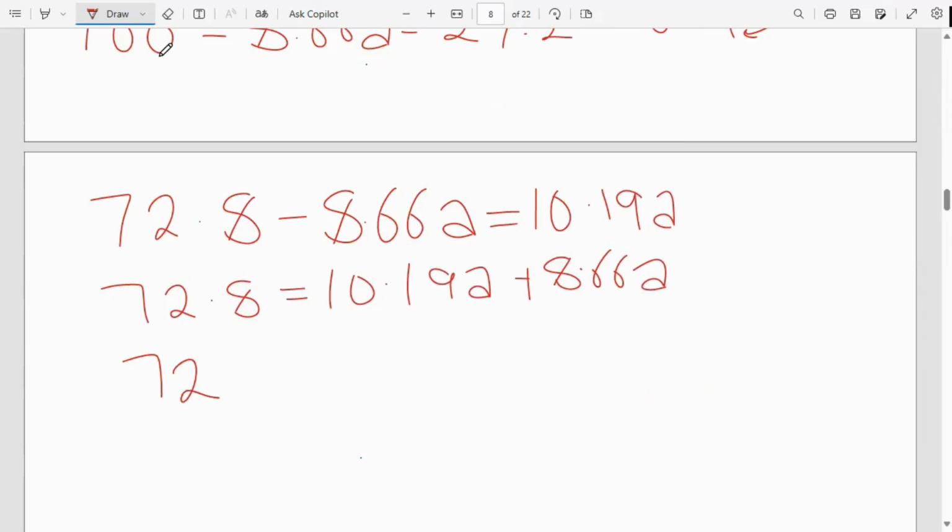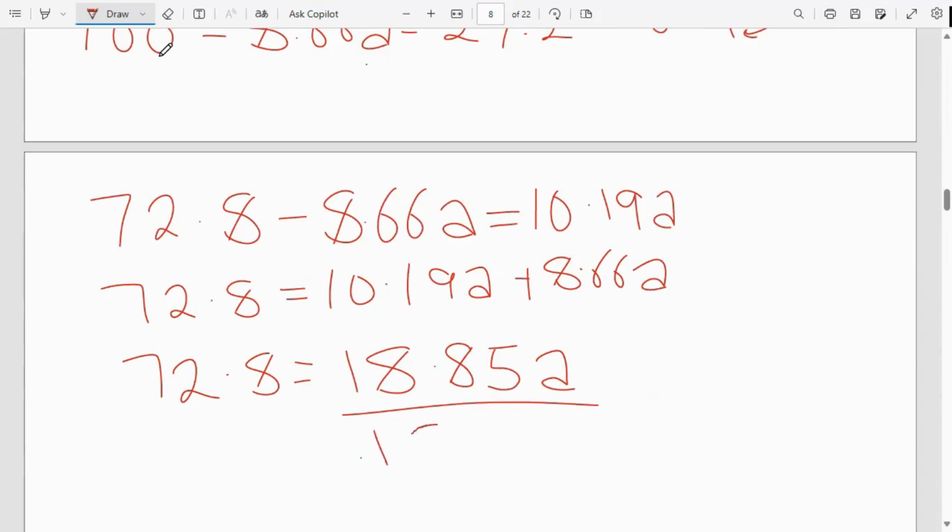So 72.8 will be equal to 10.19 plus 8.66, which is giving me 18.85.